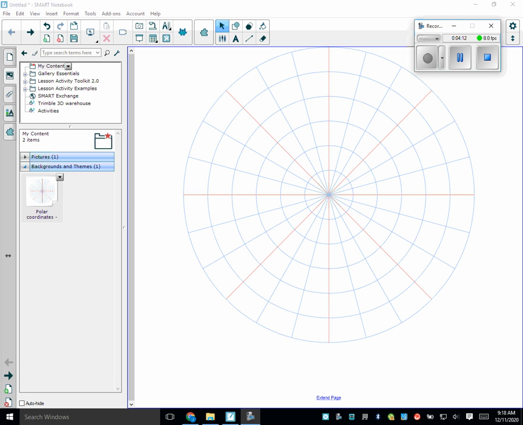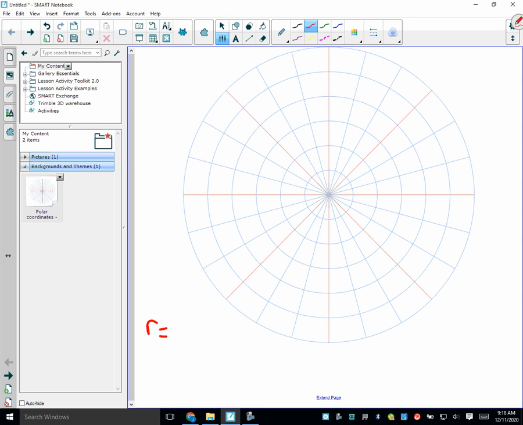I really would like to graph this. When you go to Y equals, it now says R, because everything we graph is now in terms of R. What I would like you to graph is R equals 3 sine of 2 theta.